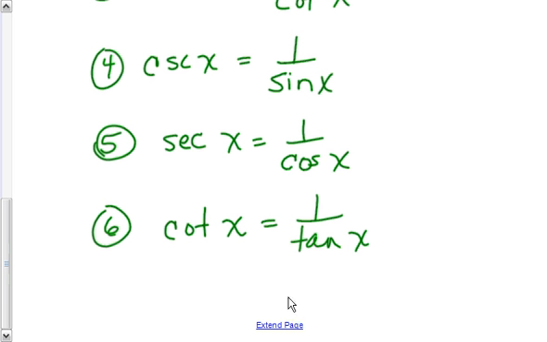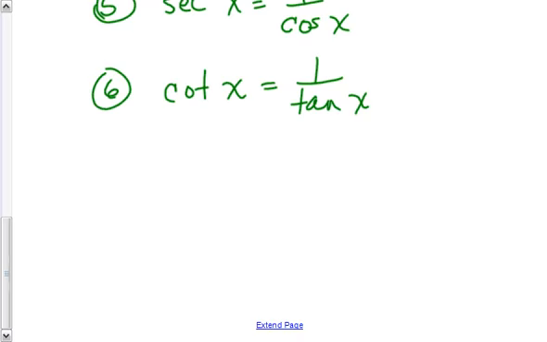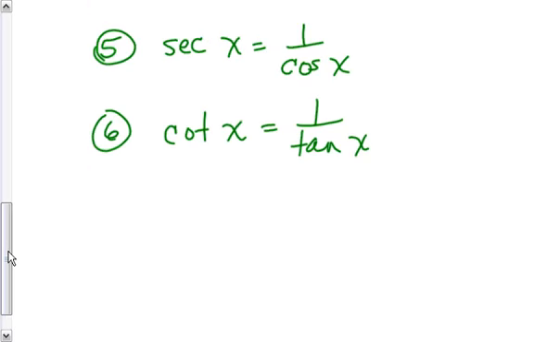Everybody okay with those? Because they're identities, if you were solving an equation and there was a secant in it, and you needed a cosine, you could take the secant out and put in its reciprocal. You're going to use these identities to do a whole lot of substitution.